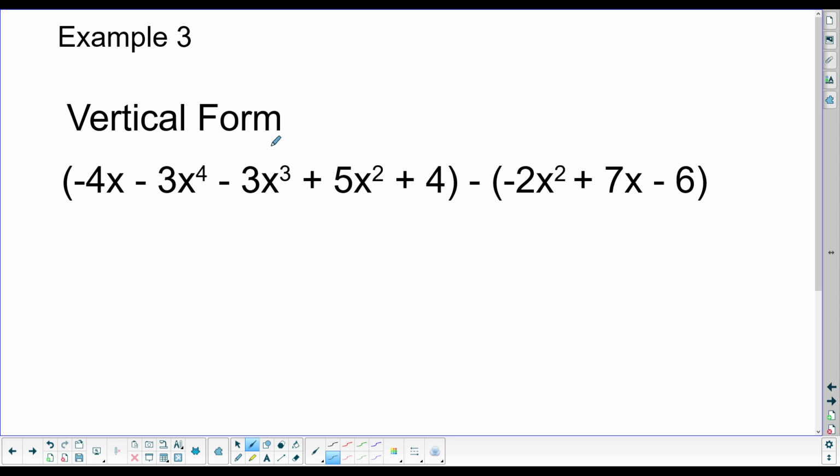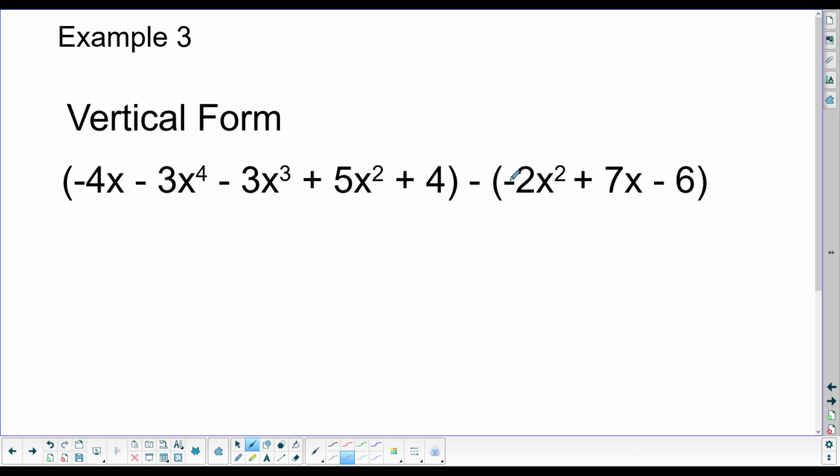It's important because when you make a mistake, and it's not if you make a mistake, but when you make a mistake, you want to be able to go back and check that. The typical mistakes people make have to do with subtracting, making sure those signs are correct. A lot of people will just go through and change these.